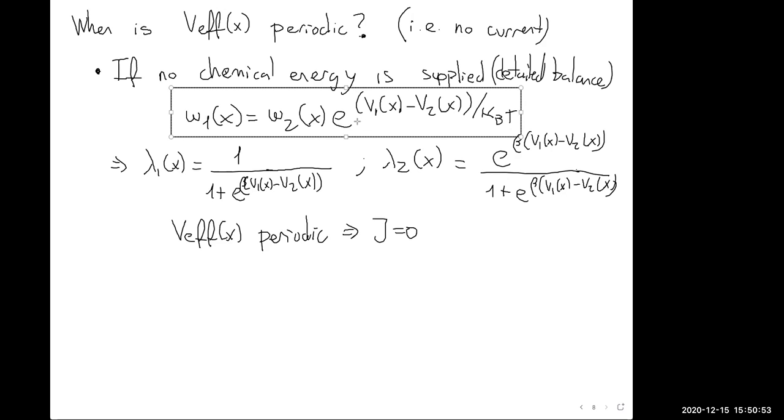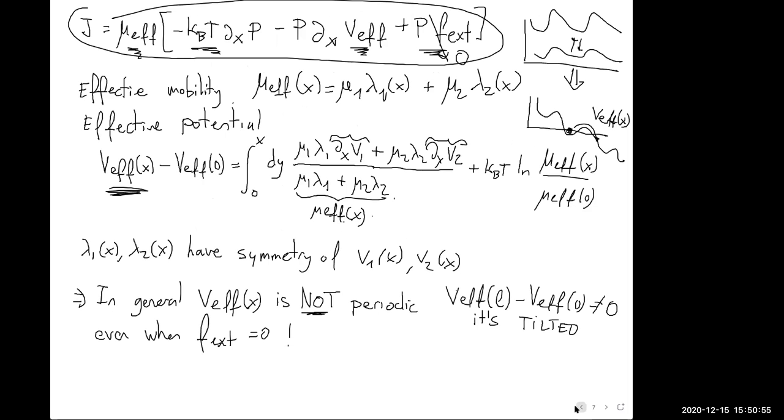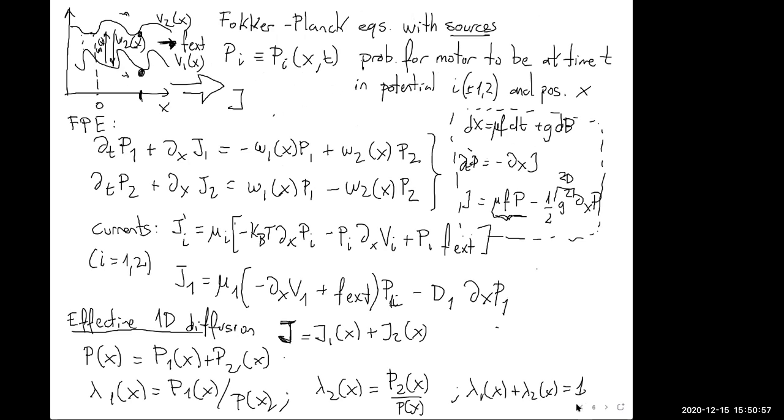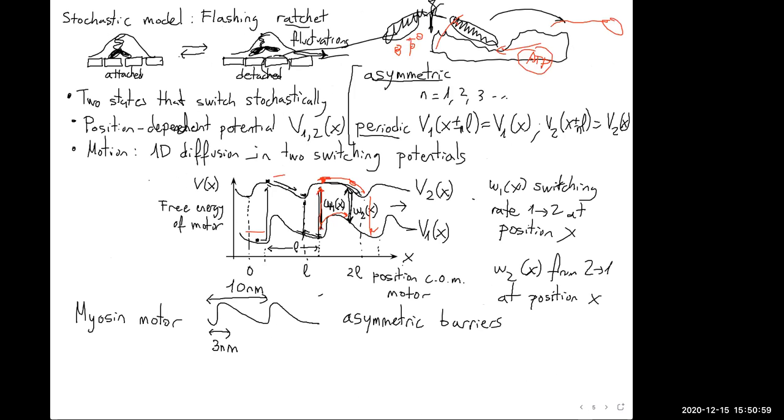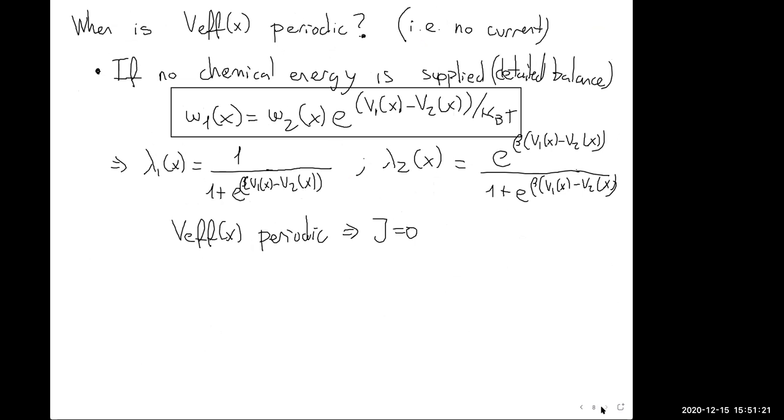So if these two rates, up and down in the same position, are related with the values of the potentials, this here and this here, there won't be current, because this will be like a thermal excitation of the system. Okay? So when you have detailed balance, no current. But when you break this condition, there will be current.